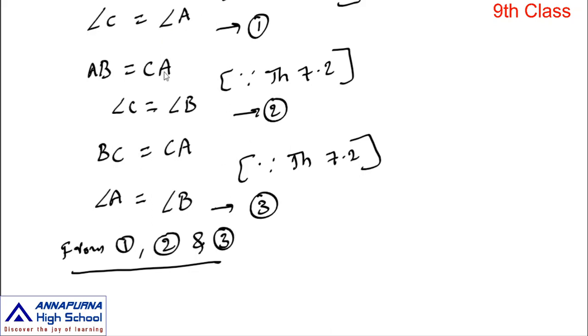Equation 1, angle C is equal to angle A. Equation 2, angle C is equal to angle B. Equation 3, angle A equal to angle B. So angle A equal to angle B equal to angle C. This is equation number 4. All angles are equal in triangle ABC.